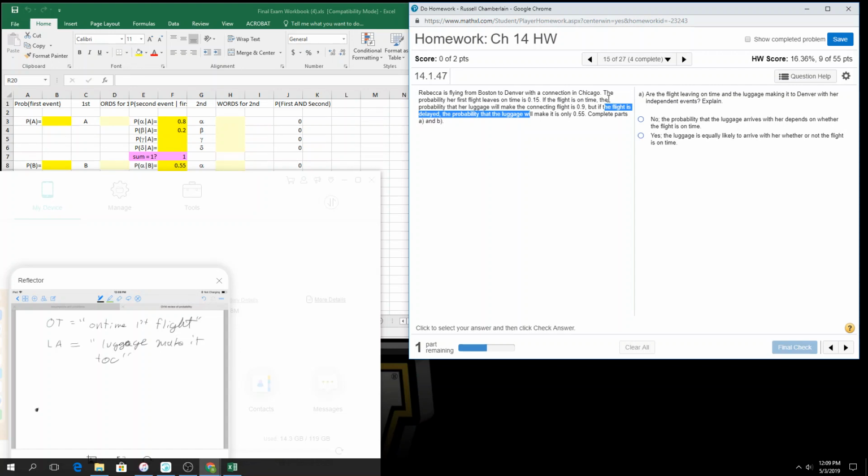Again, it's not important whether you use on time or luggage arrives first. You just proceed. It'll work out. So I could be on time, or I could be not on time, right? That check means not on time. If I was on time, that would be 0.15 there.